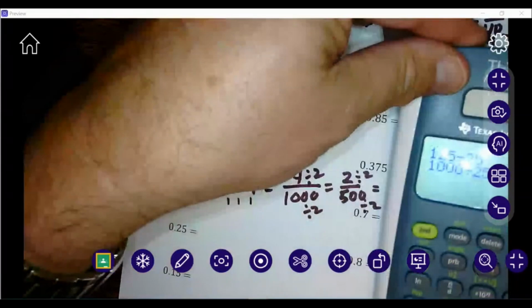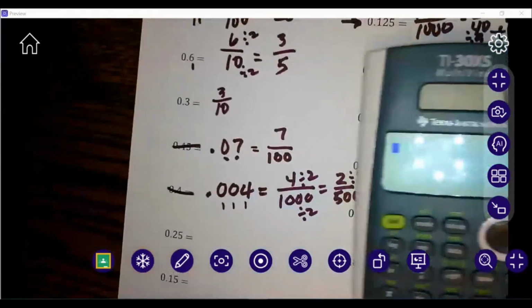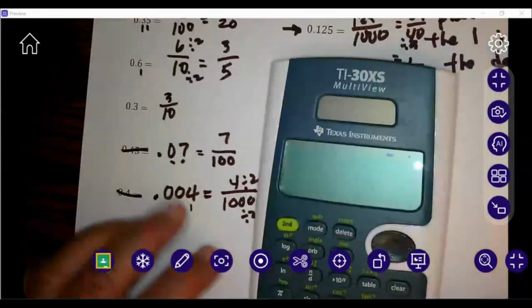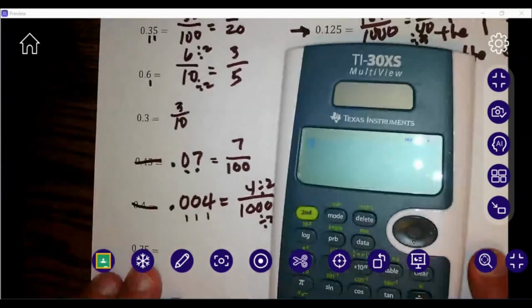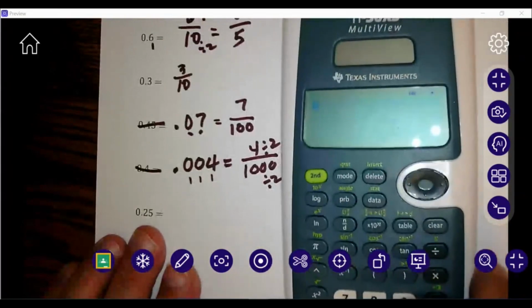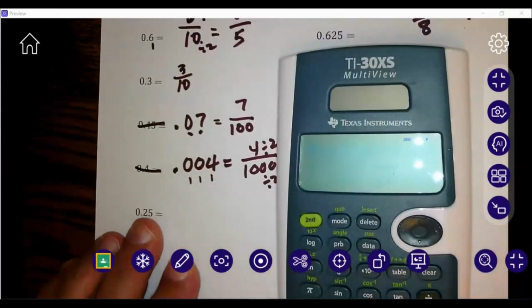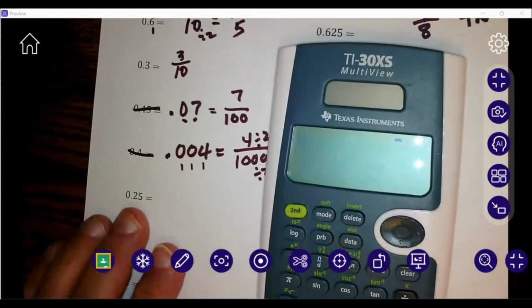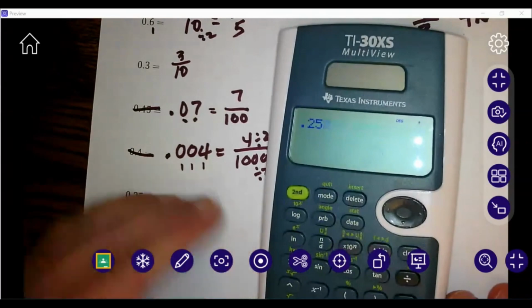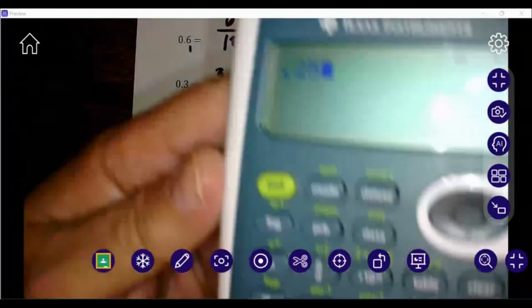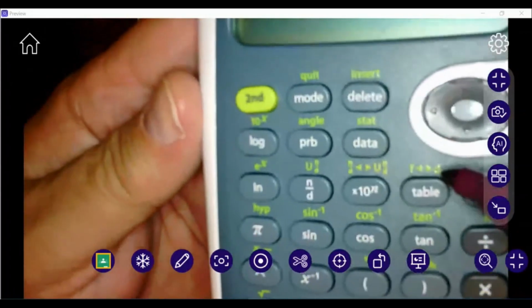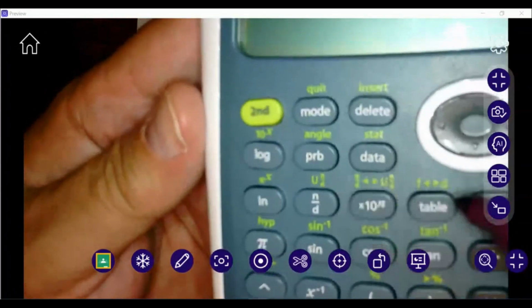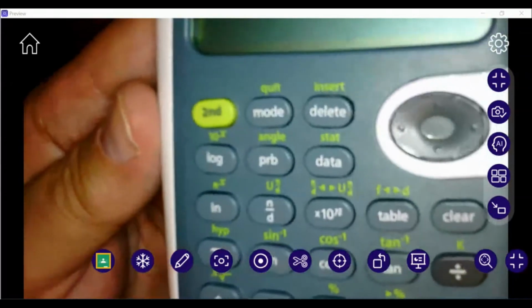All right, and now I want to show you something on this calculator, because this calculator is a fantastic calculator. I'm going to do this next problem on this calculator. The way I would do it is I would punch in 0.25, and then if you look very closely, there are some green markings above some of the keys.